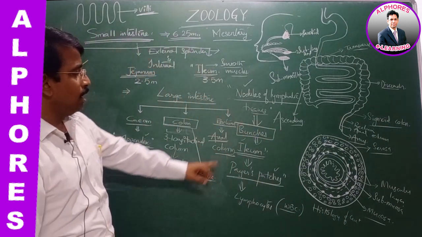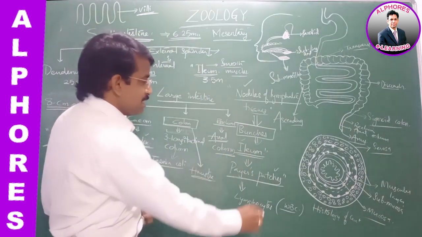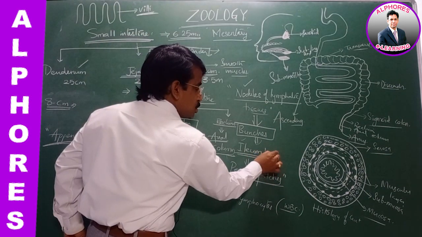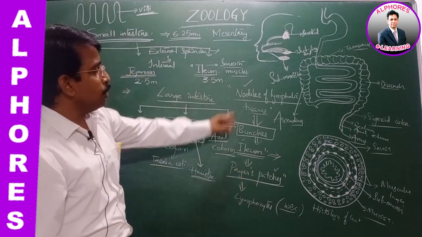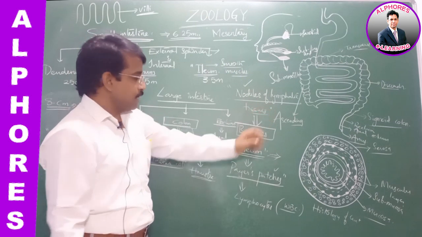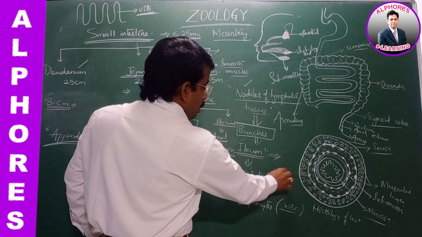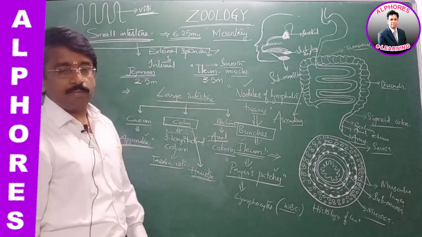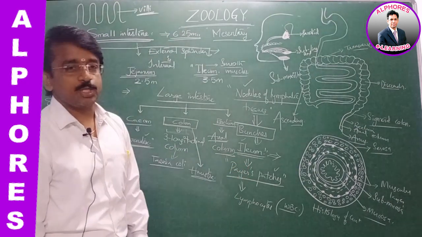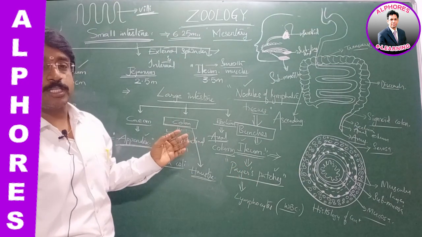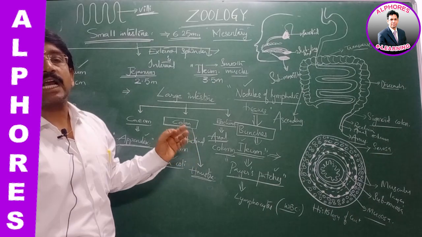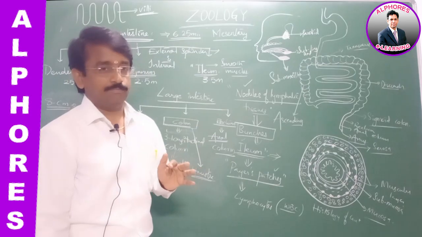In the ileum region, these nodules are present as bunches or bundles. These bundles of lymphatic nodules are named Peyer's patches. Peyer's patches are a secondary lymphoid organ.